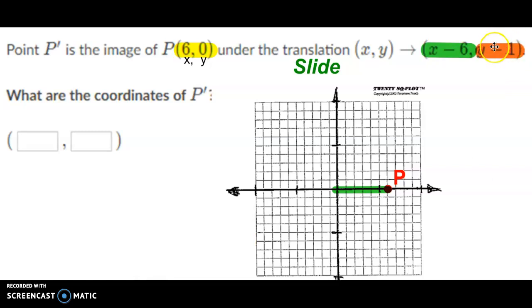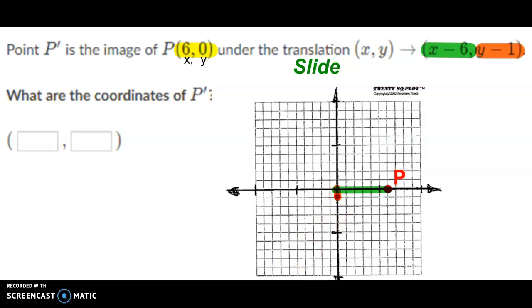Remember, y goes up and down, so -1 would mean that I'm going to slide down 1 point. So where would this dot land up then? And what we have is that with a slide of 6 to the left and 1 down, this will be the place of my new dot.